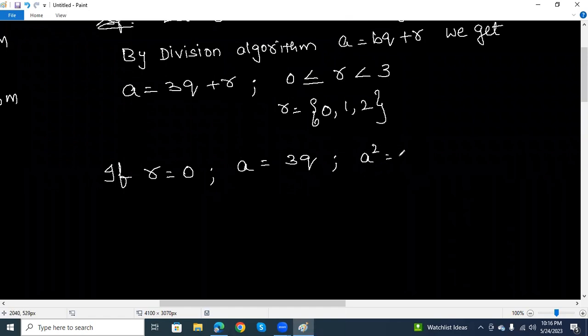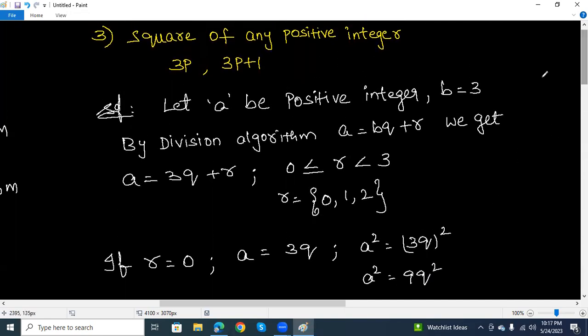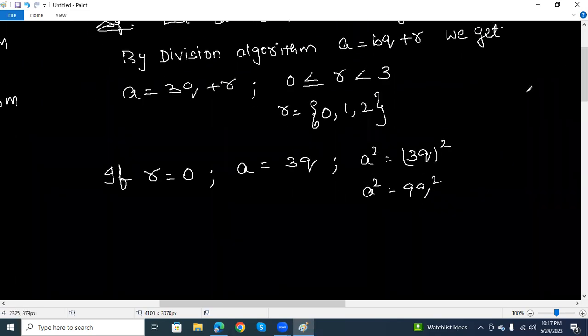Squaring on both sides, a square is equal to 3q whole square, which means a square is equal to 9q square. In which form did they say? 3p or 3p plus 1 form.